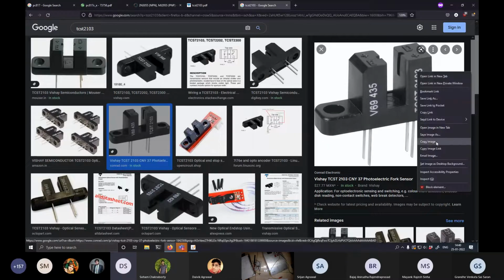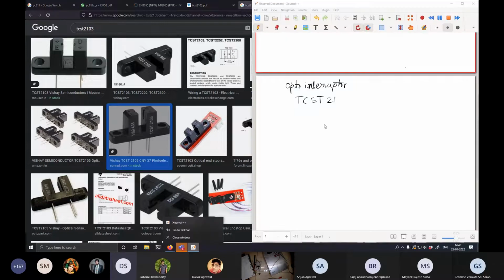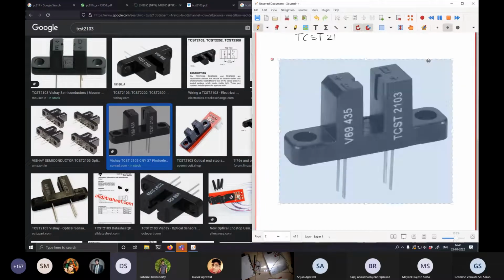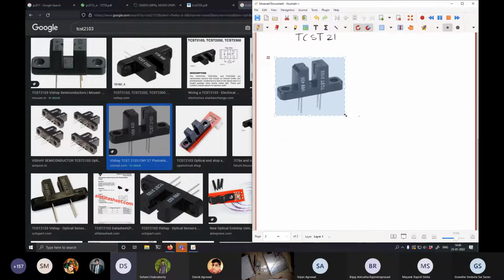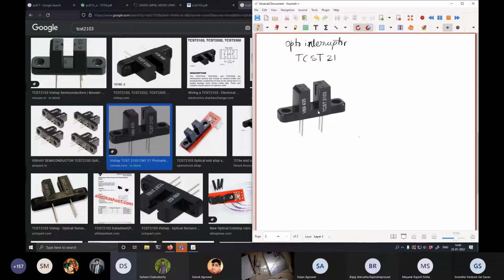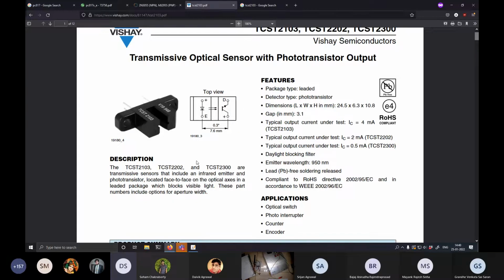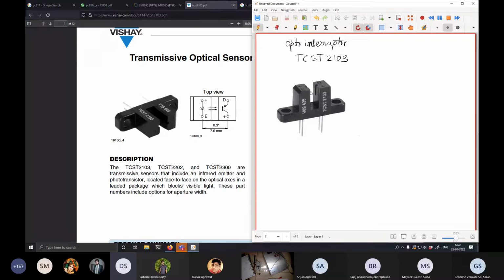So let me copy this and put it over here. Okay, if we look at this, between the plus E and plus D sides there's a gap.